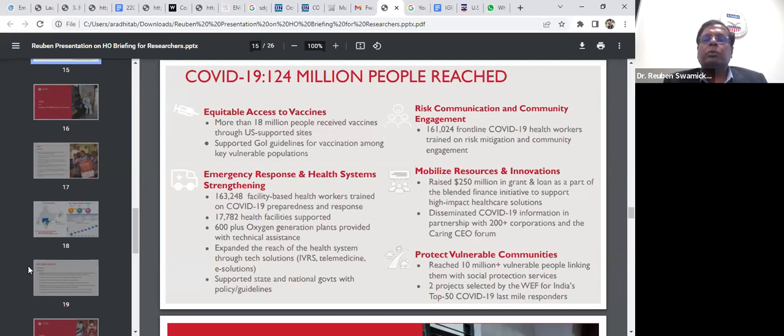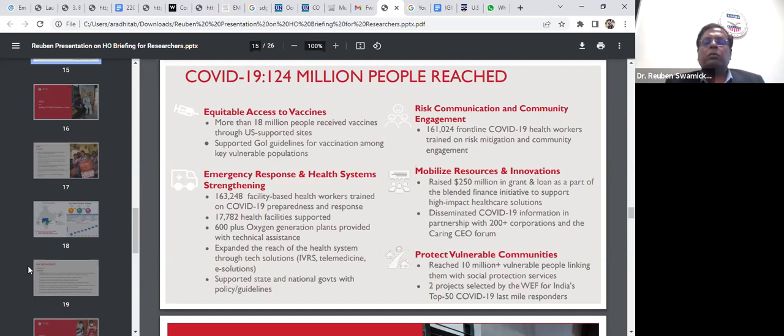So, in addition to the 200 million that we had put in, we almost raised another 250 million through various sources to support that. And, we developed a caring CEO forum from over 200 corporations. And, the corporate houses were kind enough to step up when needed.